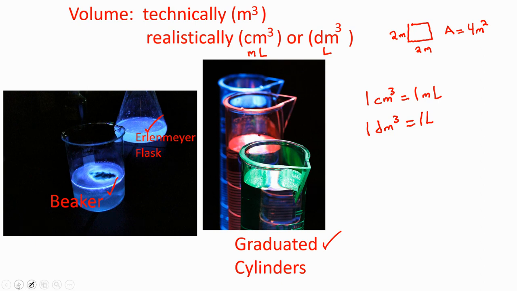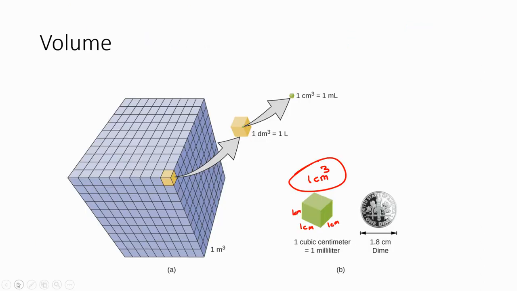I think it's really important to note that there is a surprising relationship between centimeters cubed and decimeters cubed. On my Greek prefix chart, centimeters and decimeters are only 10 apart. In other words, there are 10 centimeters in every 1 decimeter. And so you would expect maybe there's 10 centimeters cubed in 1 decimeter cubed. But it doesn't really work that way.